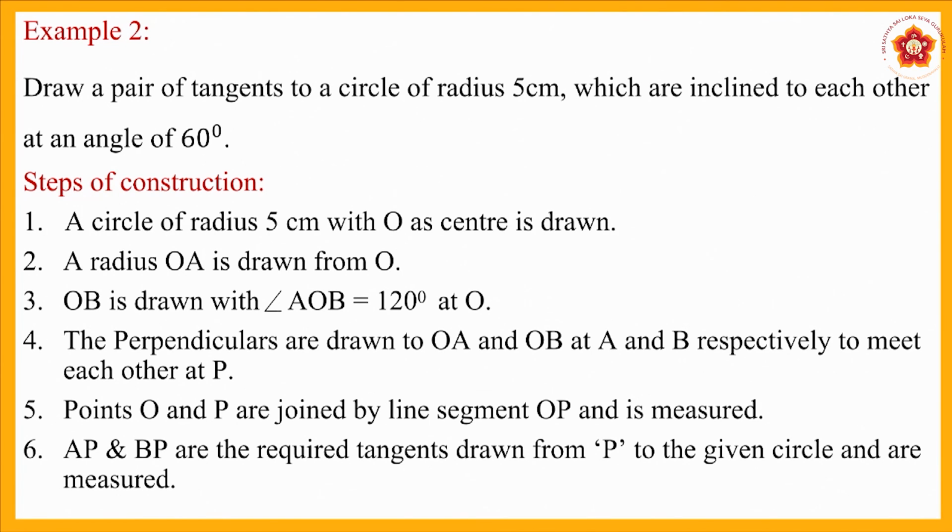Now perpendiculars are drawn to OA and OB at A and B respectively to meet each other at P. P is called the external point. Is it okay? Now points O and P are joined, the line segment OP, and it is measured. Now AP and BP are the required tangents drawn from P to the given circle and are measured.